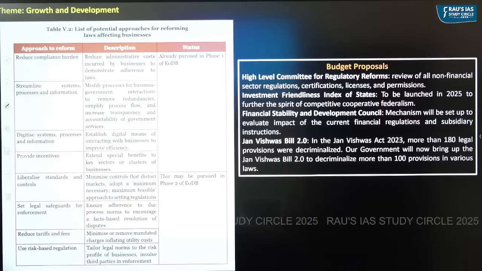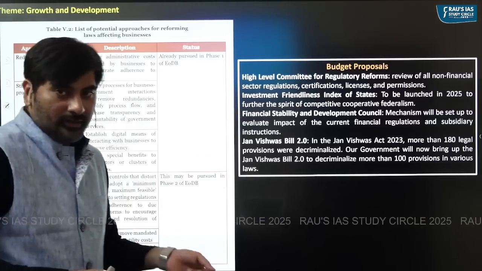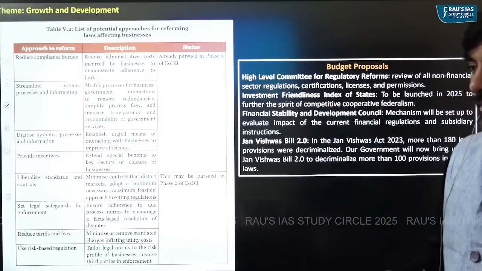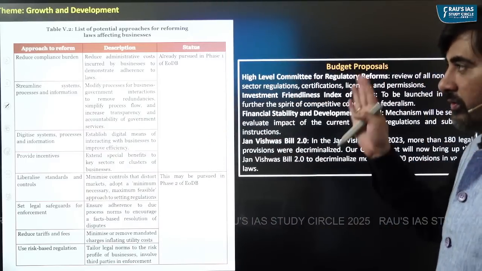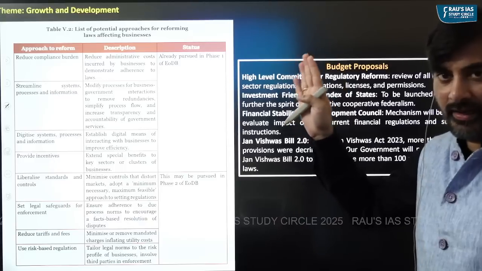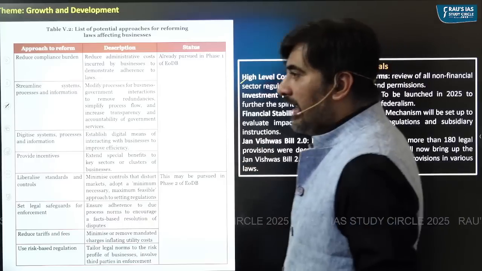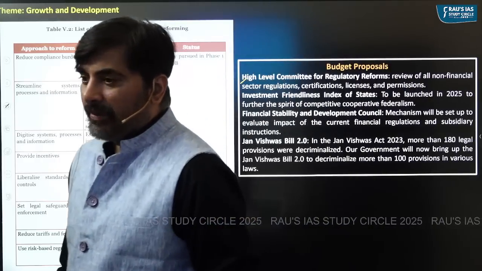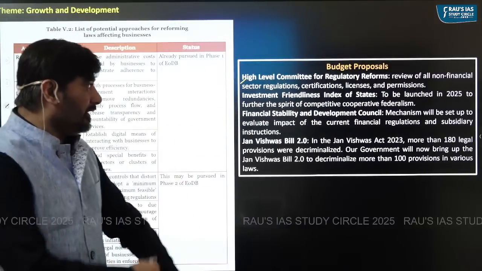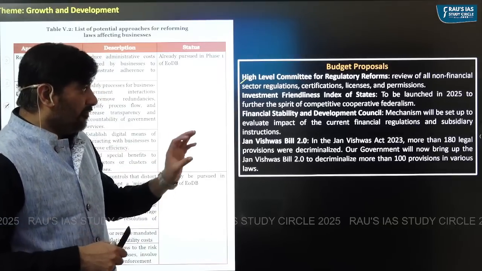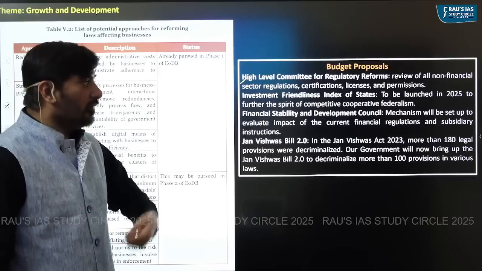So these are some of the recommendations of the economic survey. And already the budget has taken some important initiatives to undertake systematic deregulation. For example, the budget has announced that we will set up a high-level regulatory committee for undertaking regulatory reforms, where it will review all the regulations.